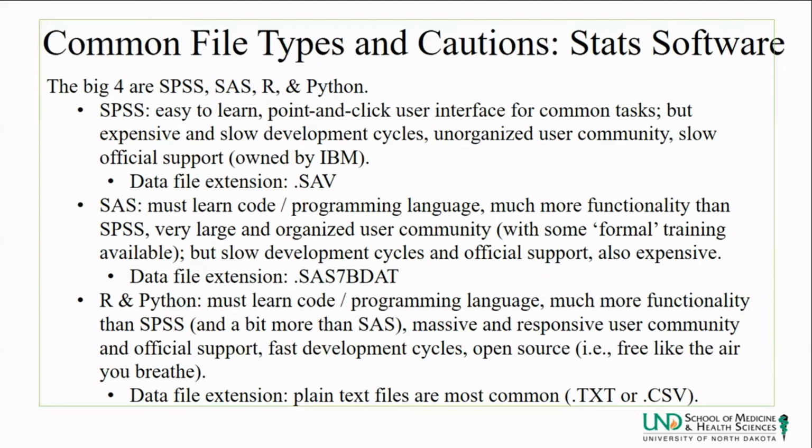But anyway, the file extension for the open source programs, R and Python: there isn't one, because they're not proprietary. They don't have their own data file type. Folks typically use text or CSV, comma separated values data when they're using R and Python. Obviously, though, all of these listed, R, Python, SAS, and SPSS, can all open the data from each other.